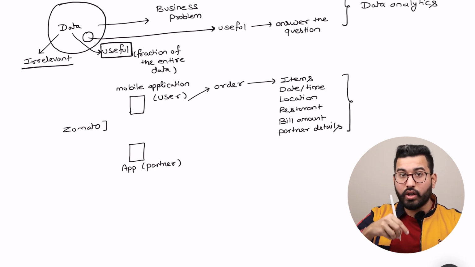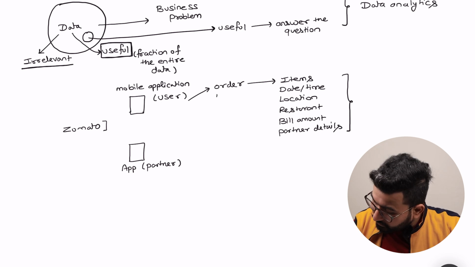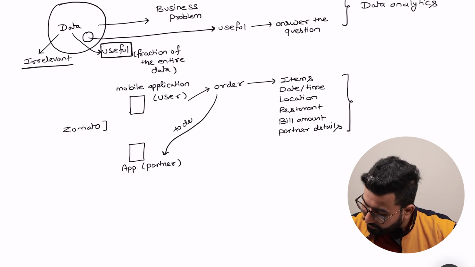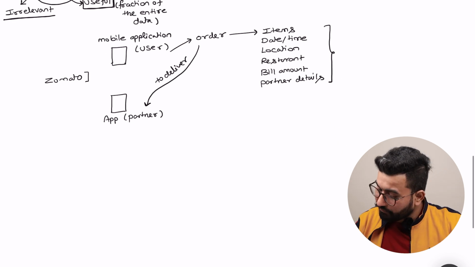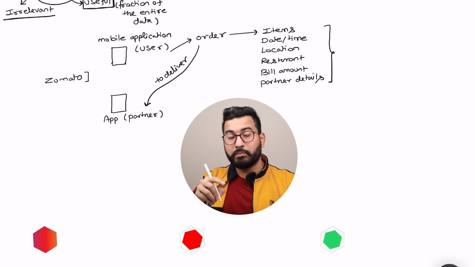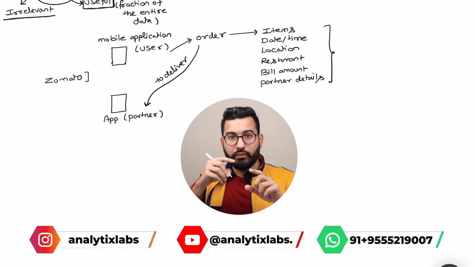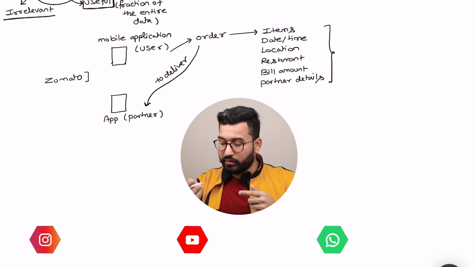Now, when an order is assigned to the partner, let's say this order is assigned to the partner to deliver. Then in that case, what kind of data the partner will generate or the partner's application will generate once the order is delivered?